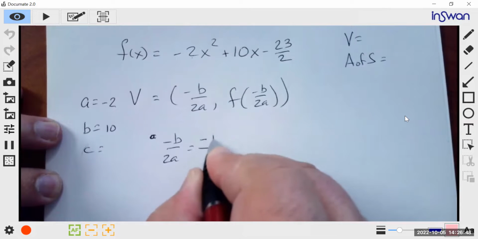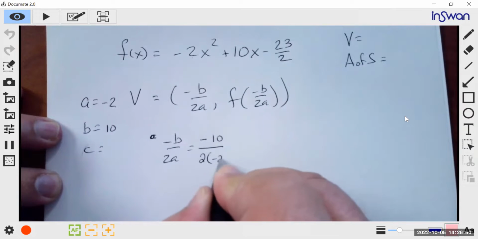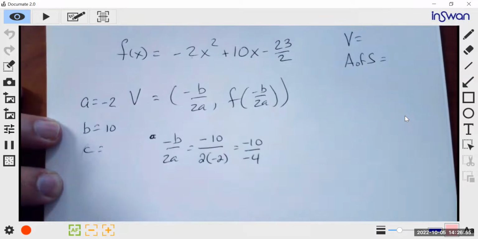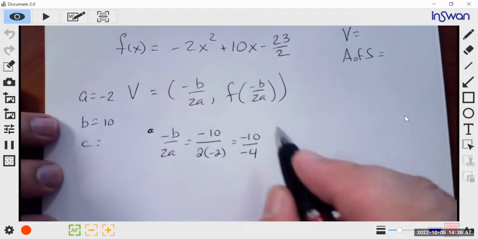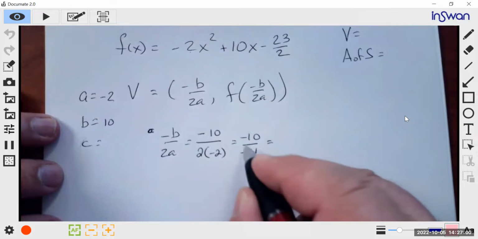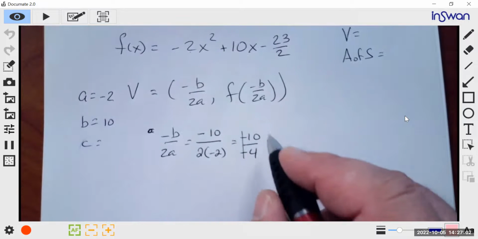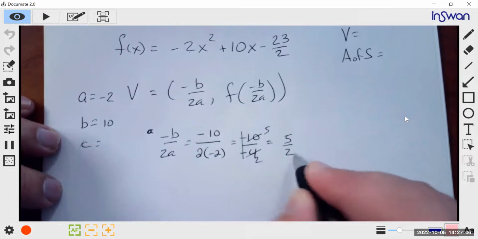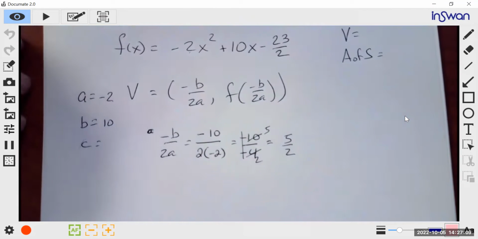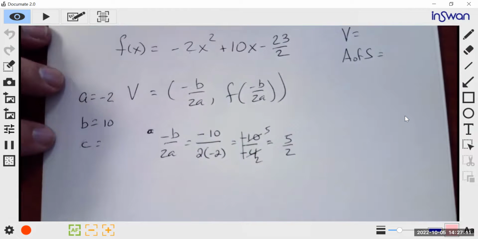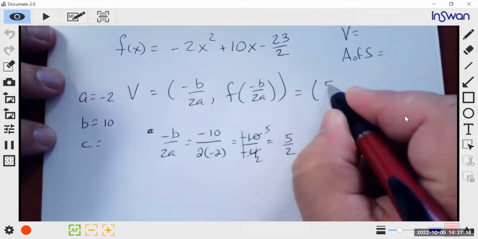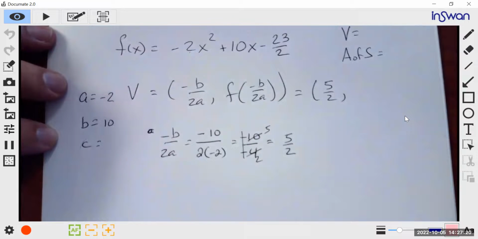So that's -10 over 2 times -2. -10 over -4. The negatives cancel. And we get 5 over 2. Of course, 10 and 4 simplifies. So we get 5 over 2 that way.